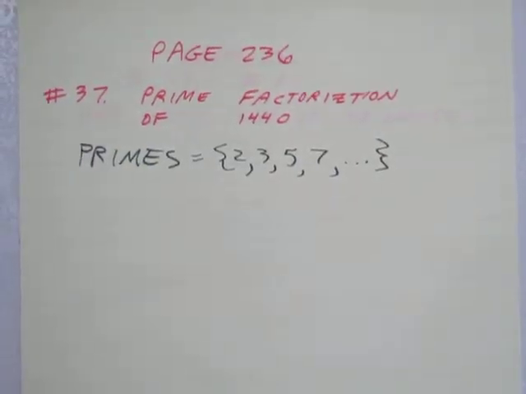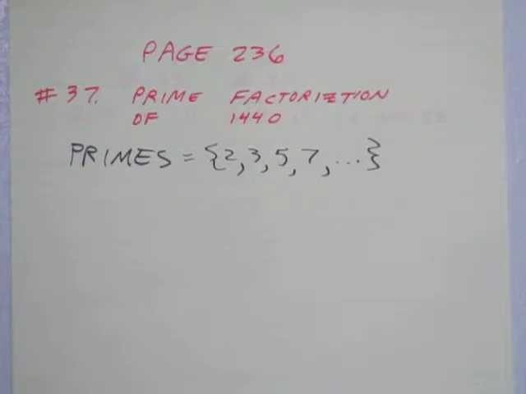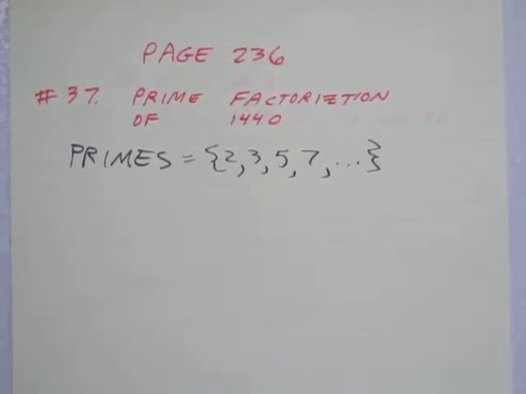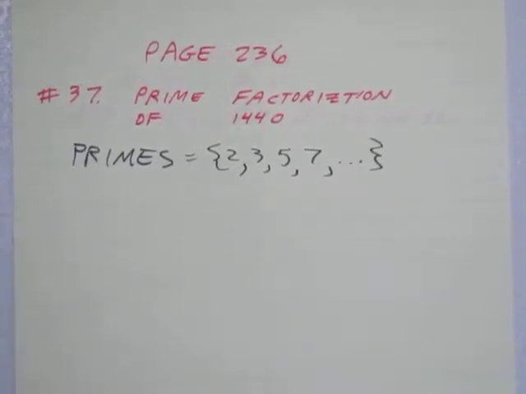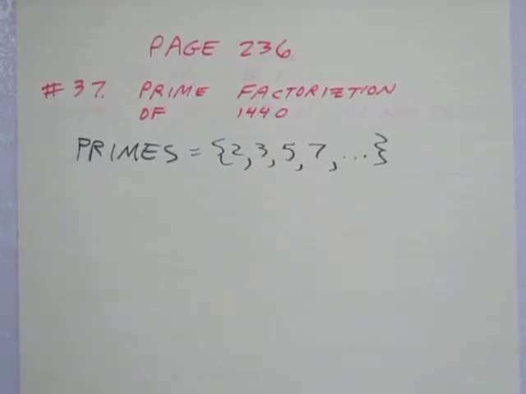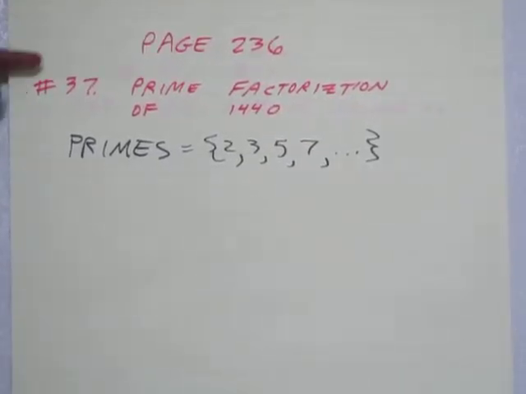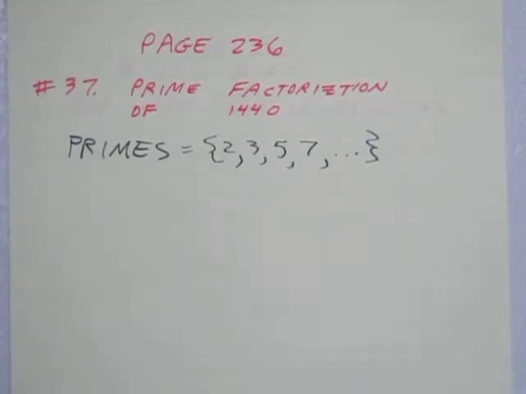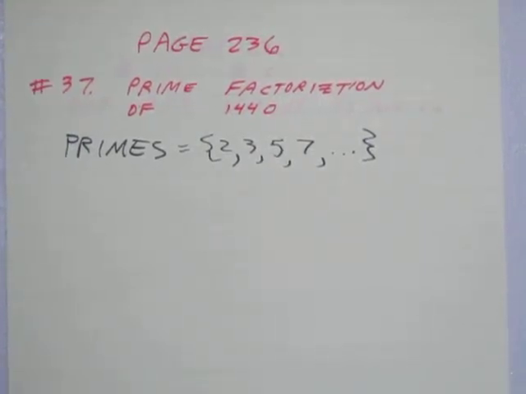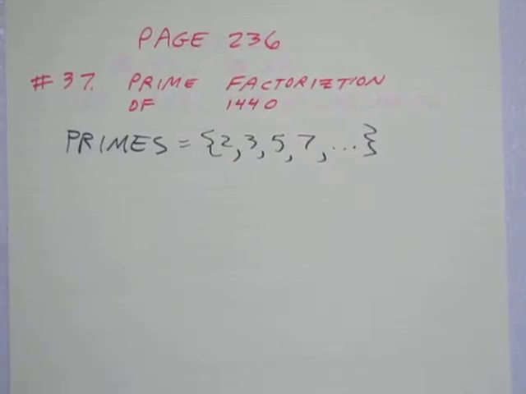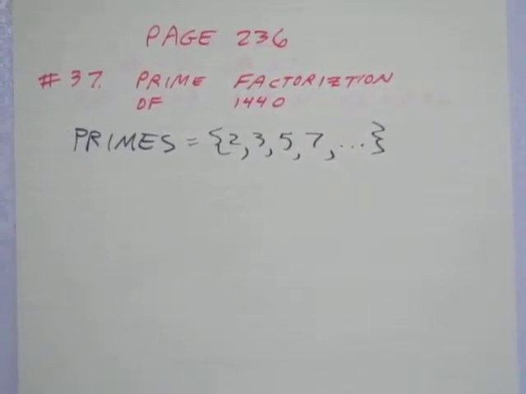One of the things that we want to do is give a prime factorization of a number. That is, we want to break it down into a product of primes. Problem number 37 on page 236 is an example that we're going to look at. We want to find the prime factorization of 1,440.